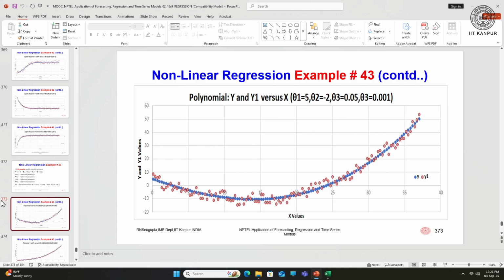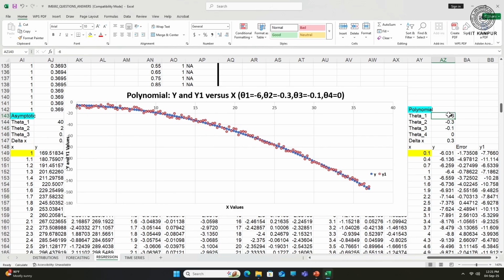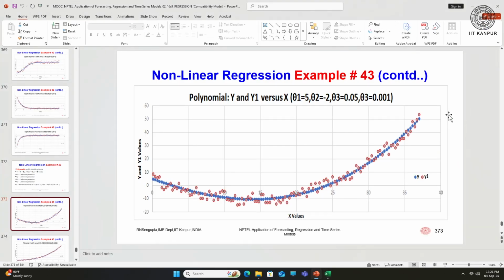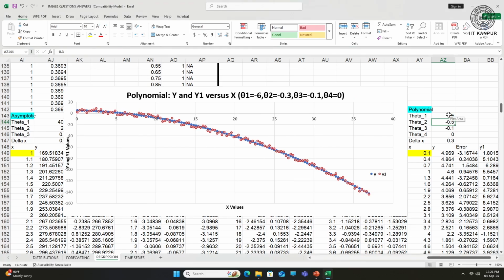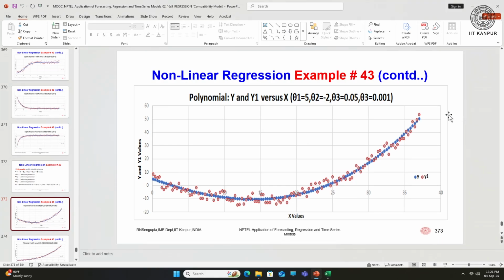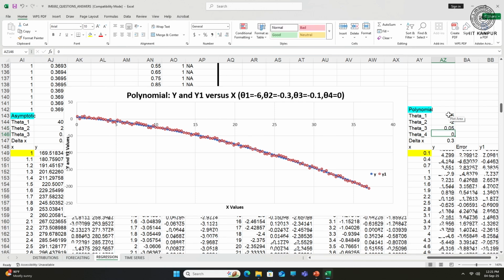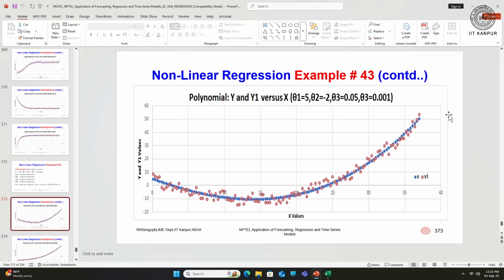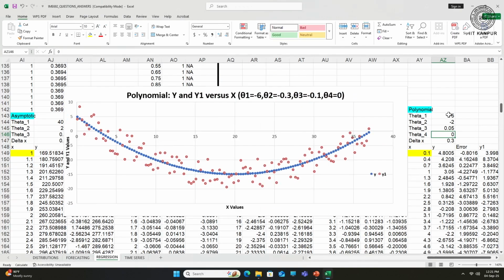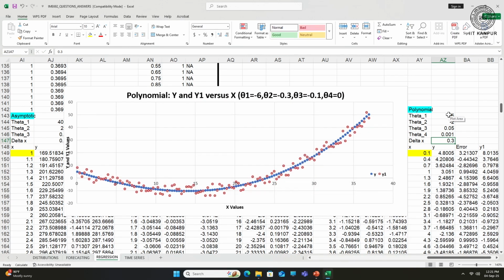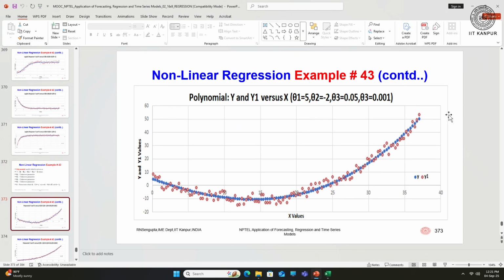So, if I have these values for the first case, theta 1 as 5, theta 2 as minus 2, theta 3 as 0.05, and theta 4 being 0.001, this is the graph which you have, and this is exactly the replica which you are seeing here.